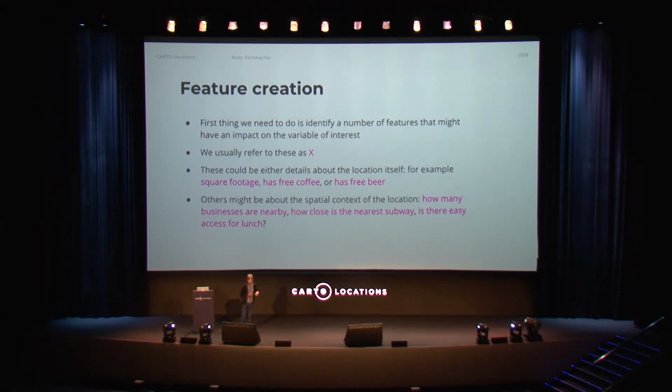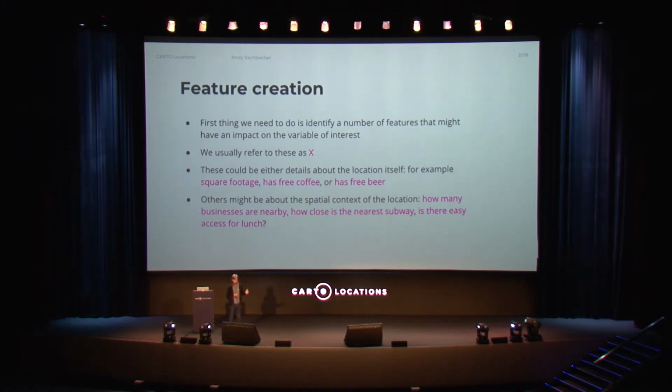The first thing you need to do is identify features that might have an impact on the variable of interest. It's very much an iterative process. You're trying to discover things as you go along. Usually you don't know a priori what's going to be important and what's not, but depending on the model that you're using, it'll help guide you on the importance of different features.